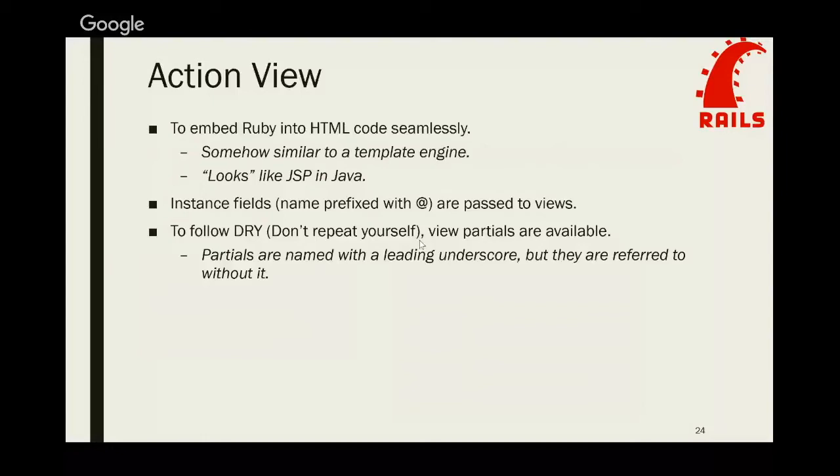Let's say you want to display a user, then the instance variables like username, email, this kind of thing should be passed to the view. Instance variables are prefixed with one at sign, and class variables are prefixed with two at signs. So here, if you want to pass the instance variables, you should use the name with one at prefix.